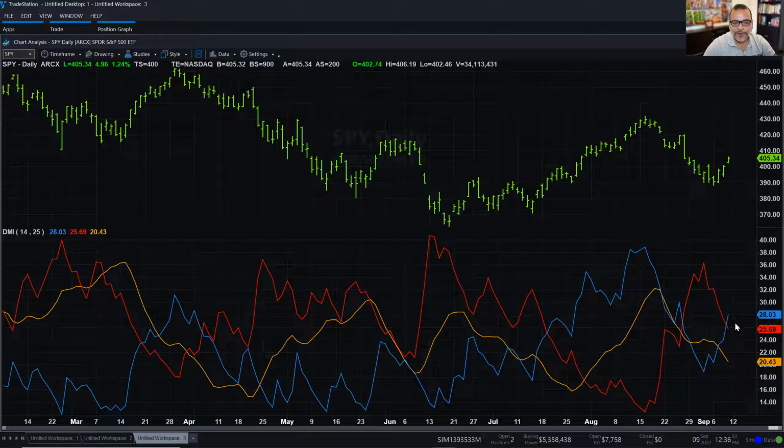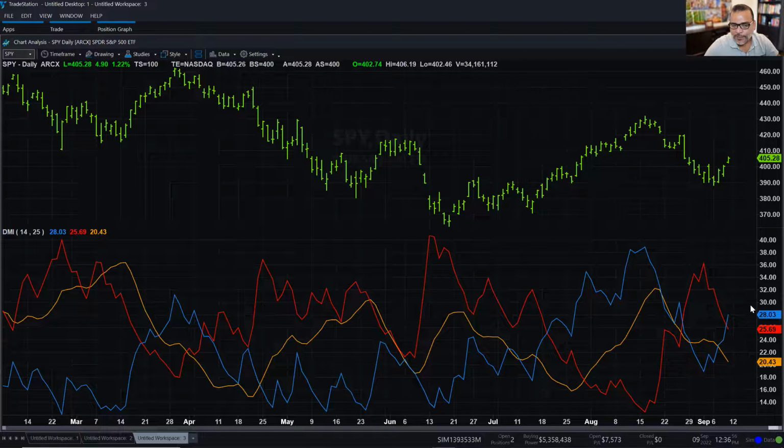But if you look at the current bar, the DMI plus and the DMI minus are very close to each other. The plus is at 2803 and the minus is at 2569. Yes, the blue is above the red, and the ADX number here is not above 25.